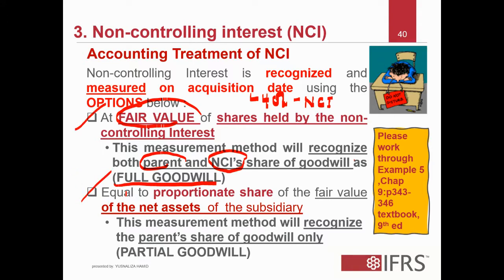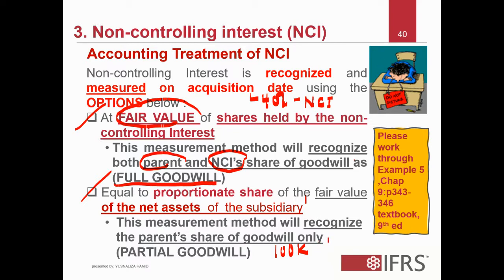The second one, you have another option, which is to measure it equal to the proportionate share of the fair value of the net asset of the subsidiary. So you need to know the fair value of the net asset, and later that will be the basis to measure the non-controlling interest. Let's say the fair value of the net asset is 100,000, and the NCI interest here is 40%.